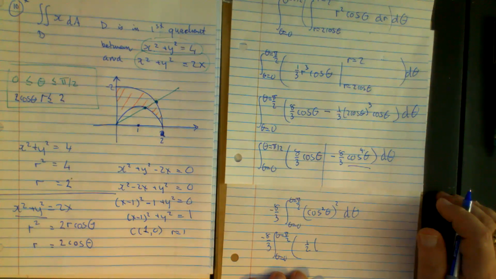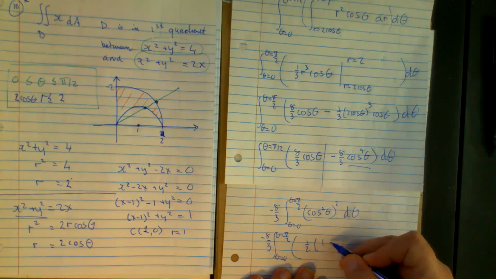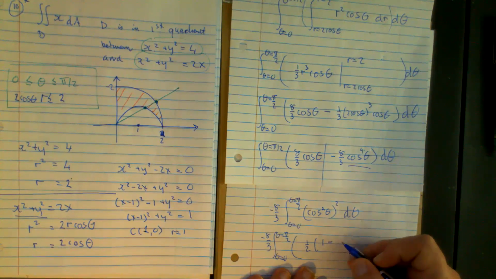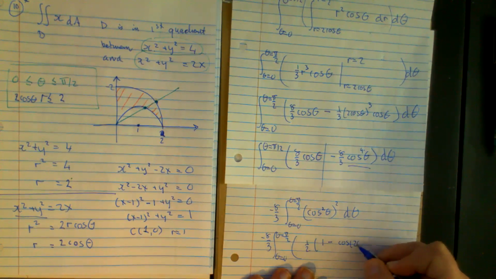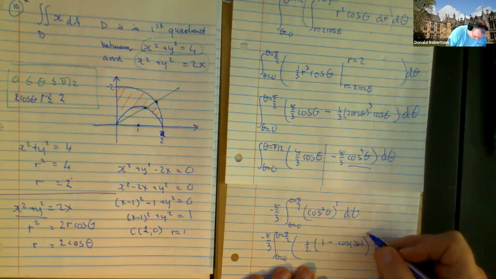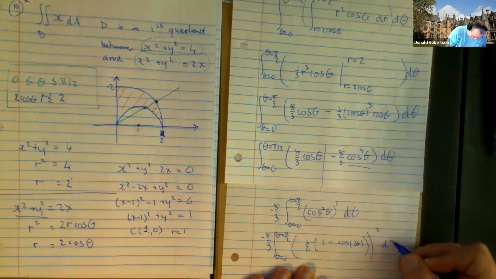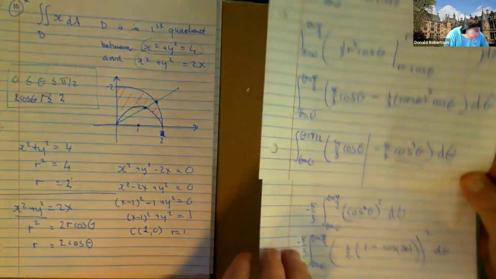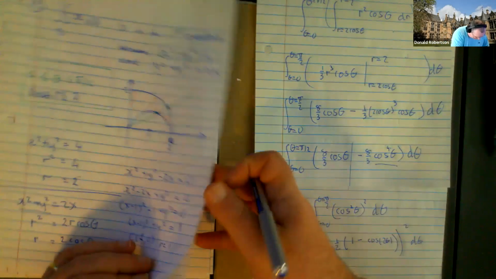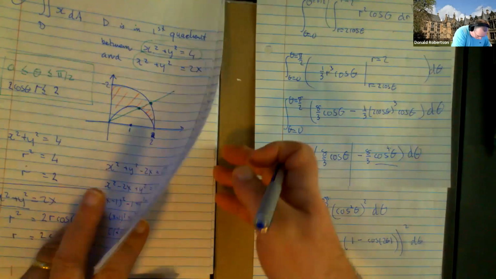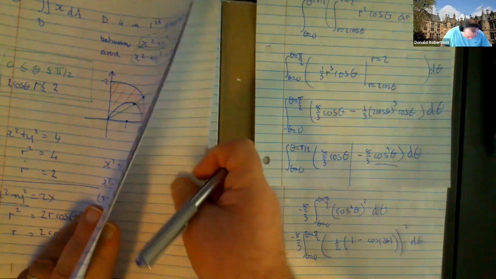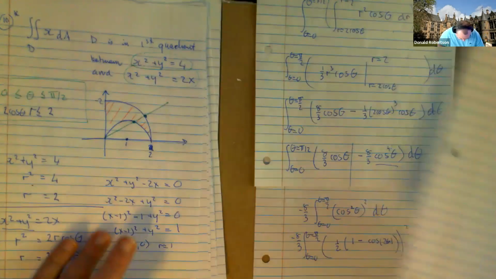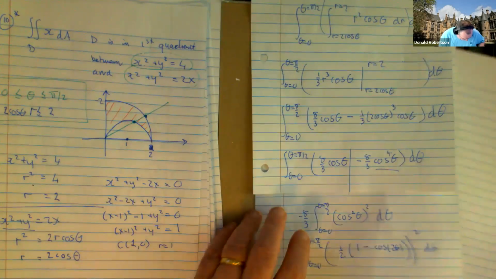Is it 1 minus sine of 2 theta? Down close. I'm running short of paper here. Good grief, this thing's just growing like a monster. It's slowly but surely getting to a place where we can integrate. It's just not there yet.